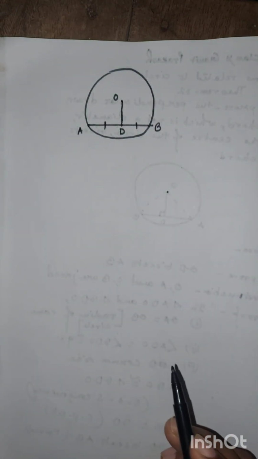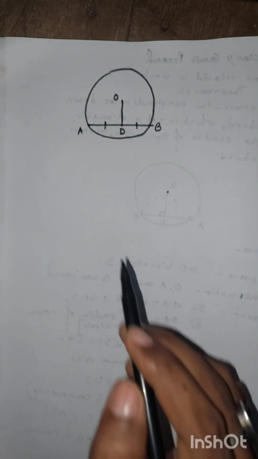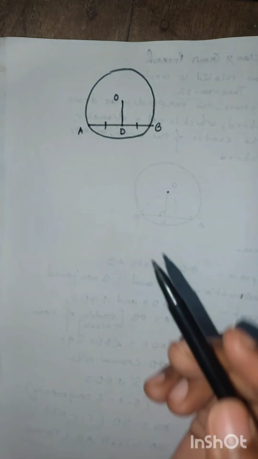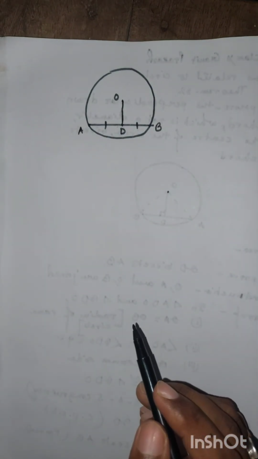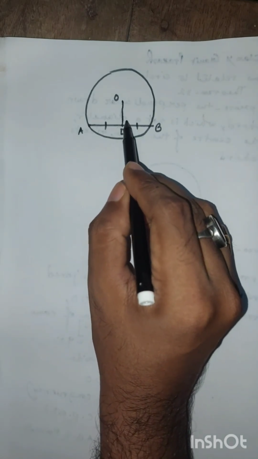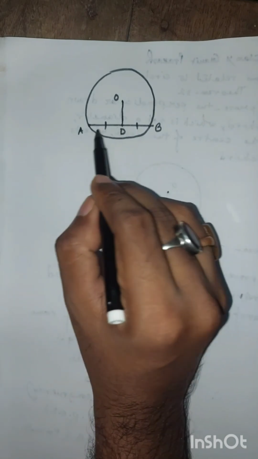It is given. Now we have to prove that this OD is the perpendicular on AB.